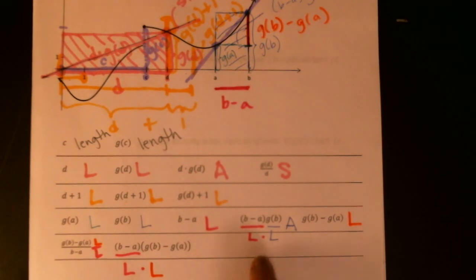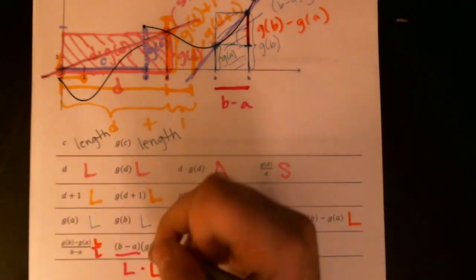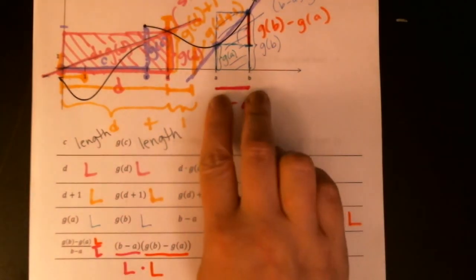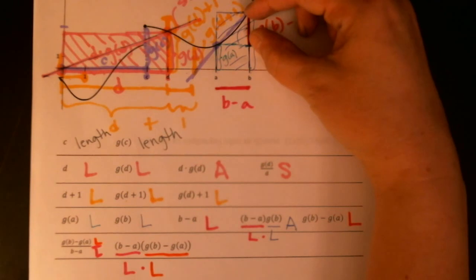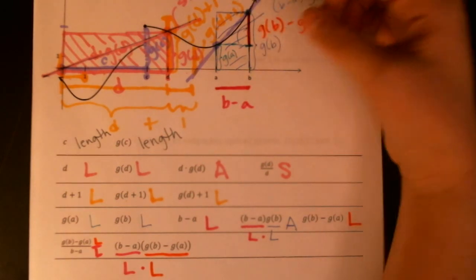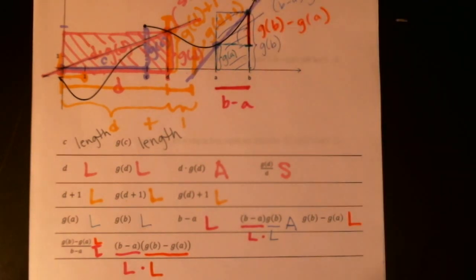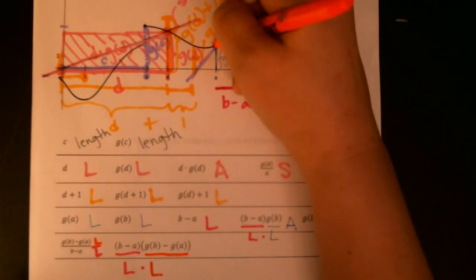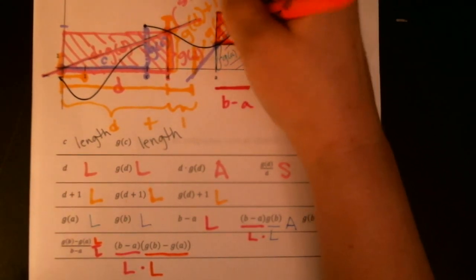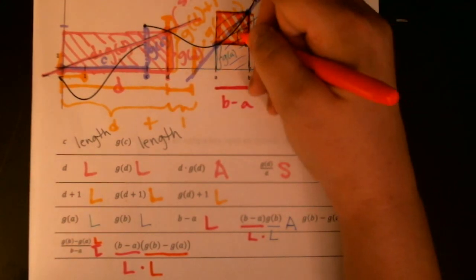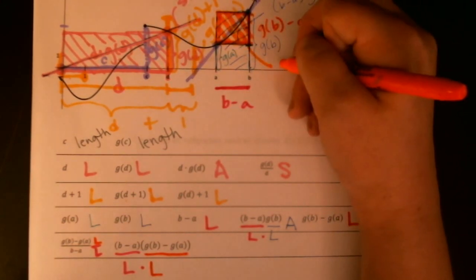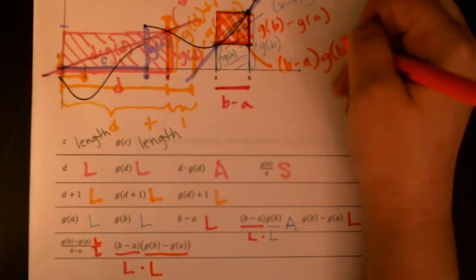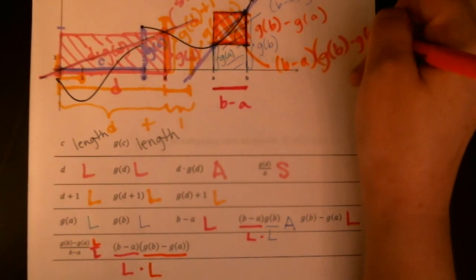Now we're taking this pink length and multiplying it by this little orange length. And we are going to get the area of a rectangle, but it's a different rectangle. So that one is B minus A times G of B minus G of A.